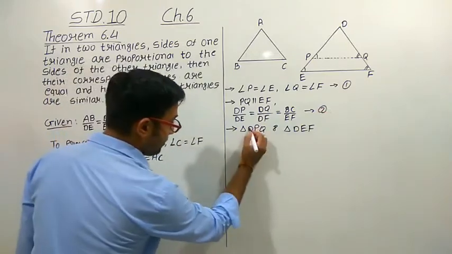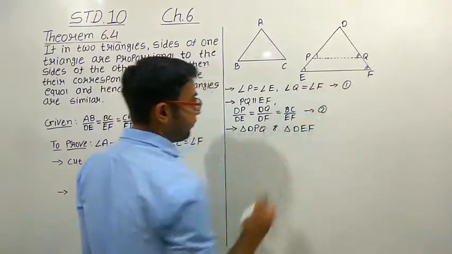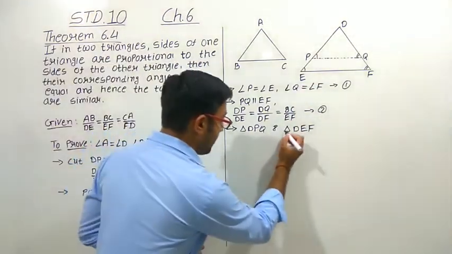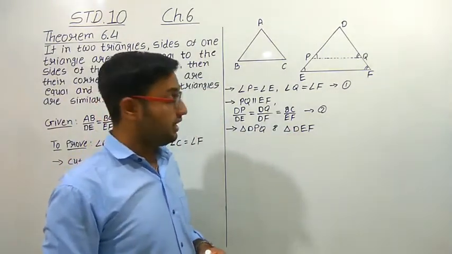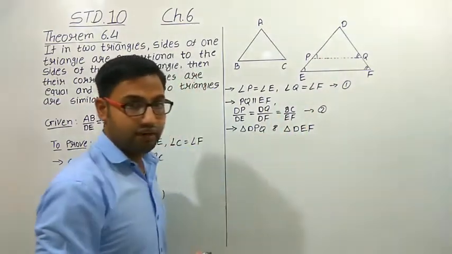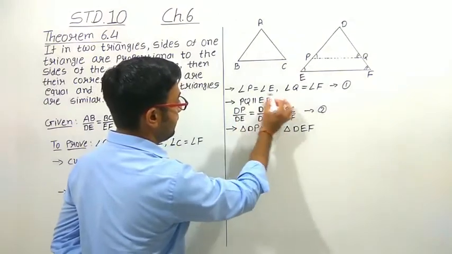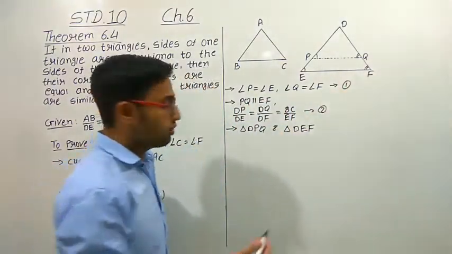So consider now these two triangles, DPQ smaller triangle and DEF greater triangle. So now according to the criteria angle. Why angle? Because angle D is common in both the triangles. Okay. Angle P and E are equal, that we have proved here, and also angle Q and F are also equal.